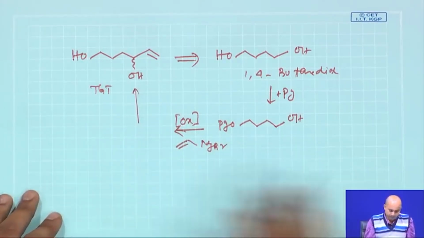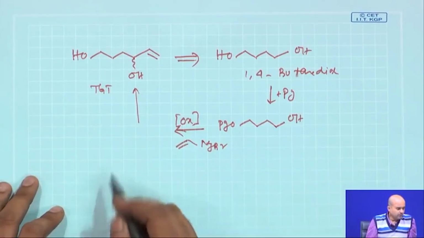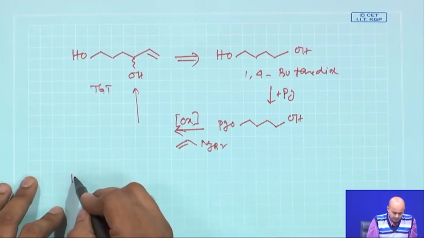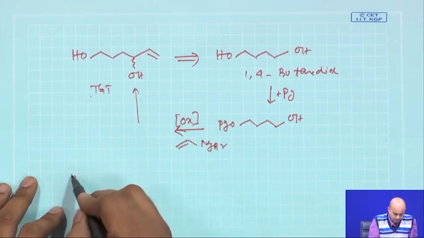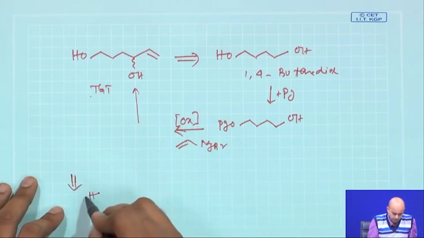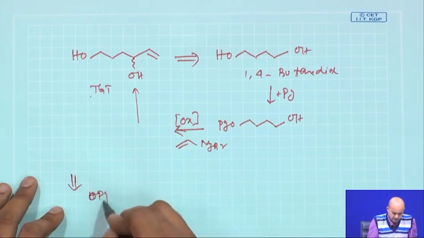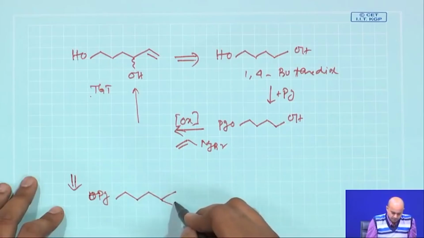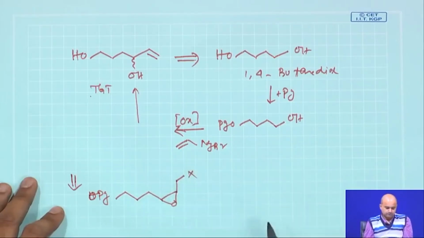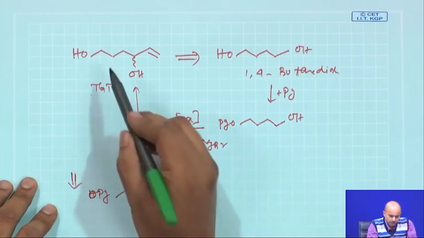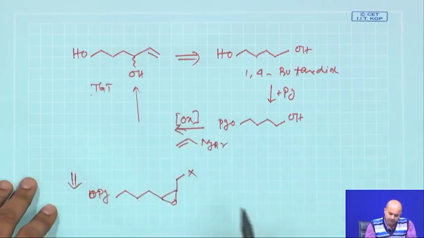Fine. Now, let us try to formulate if there is another way. Take this target molecule and do a retro. I will put an OPG here, and then say you have something like X; try to count the carbons, 1 2 3 4 5 6.